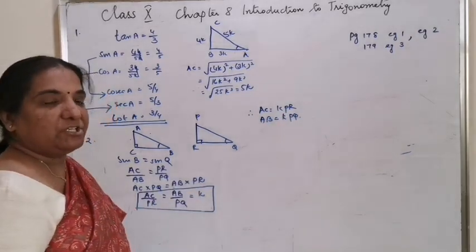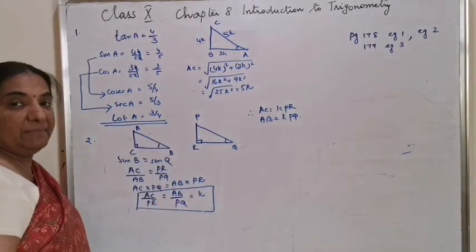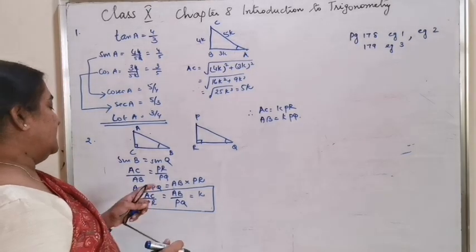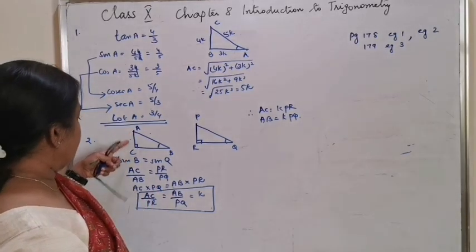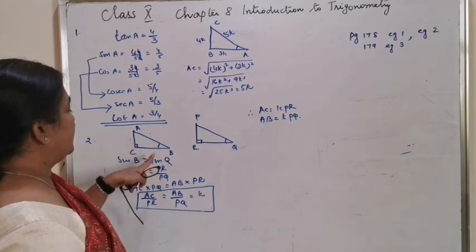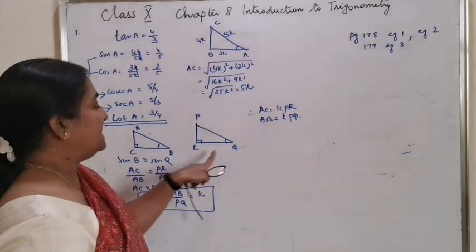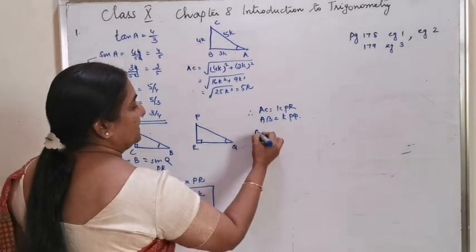Now our intention is to prove the triangles are similar. For that, take the third side. Which is the third side here? AC and AB are given. That means we need to get BC by QR.